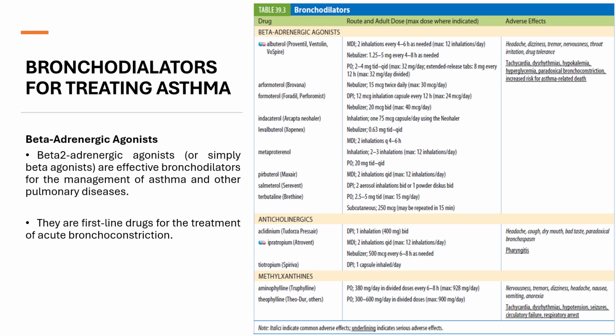These medications have a relatively slow onset of action, and in 2005, 2010, and 2015, the Food and Drug Administration issued a black box warning regarding an increase in death among persons taking long-acting beta-2 agonists.